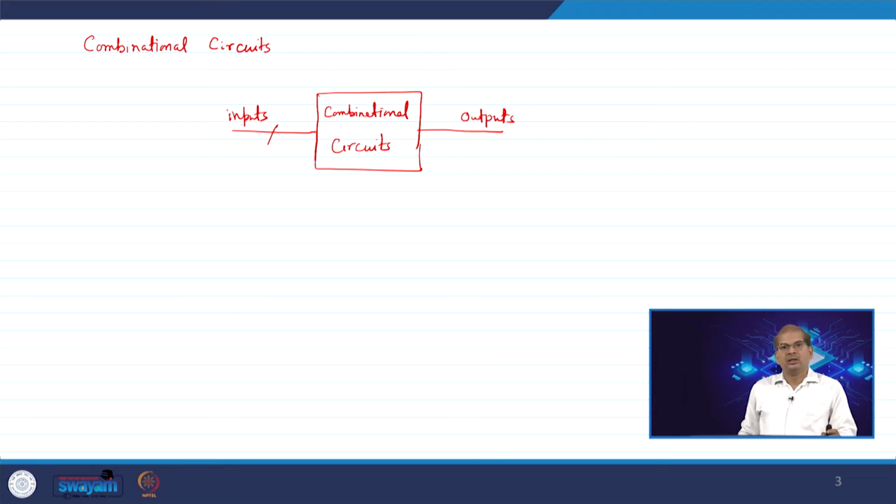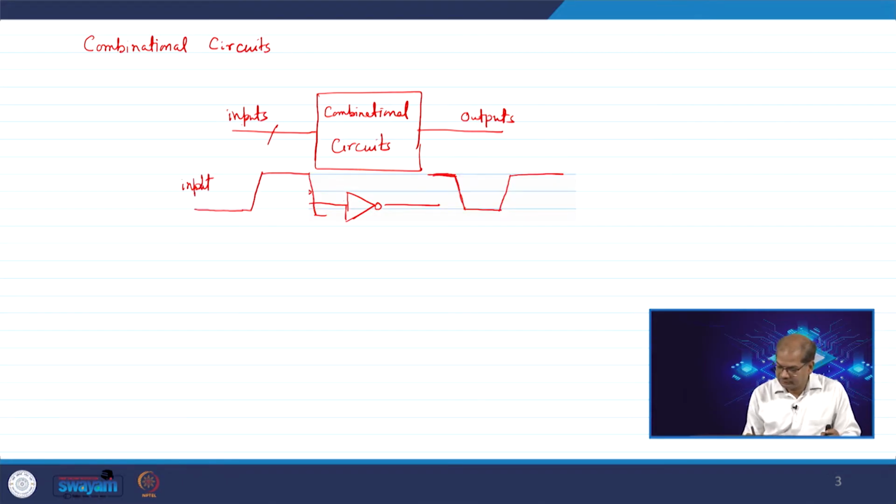Let us say I apply some input to a combinational circuit. Let us take an inverter, which is very easy to understand. If I give a pulse to it, the output will come out after a certain delay.